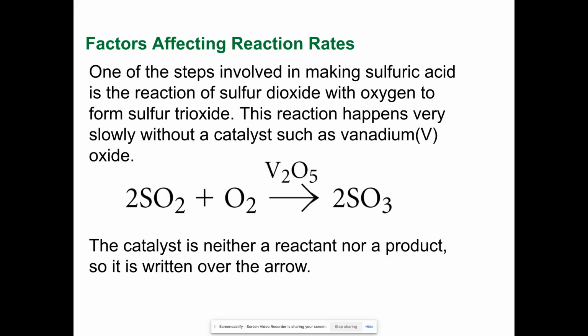This reaction happens very slowly without a catalyst, such as, I can never pronounce this, vanadium oxide. All right. So the catalyst is neither a reactant nor a product, so it is written over the arrow. This is a balanced equation, and we put this in the mix because it acts as a catalyst.